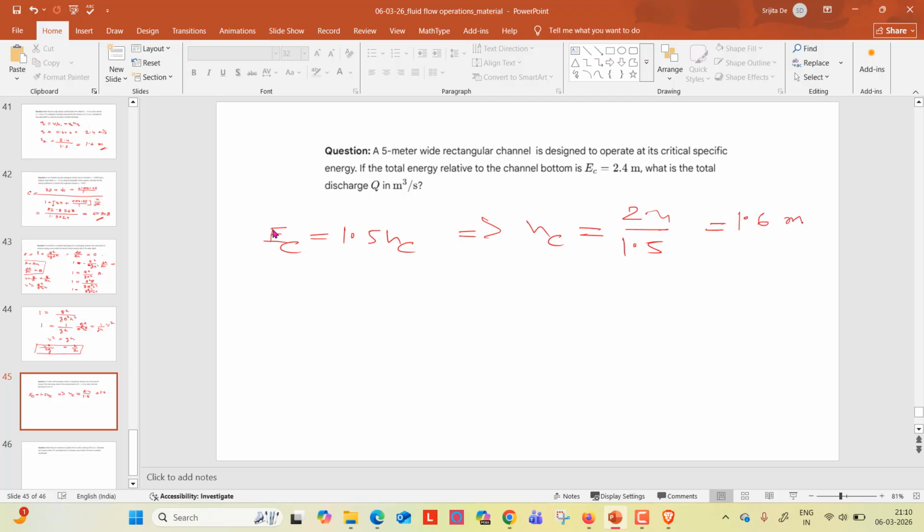Now we can calculate. We have calculated this earlier also.